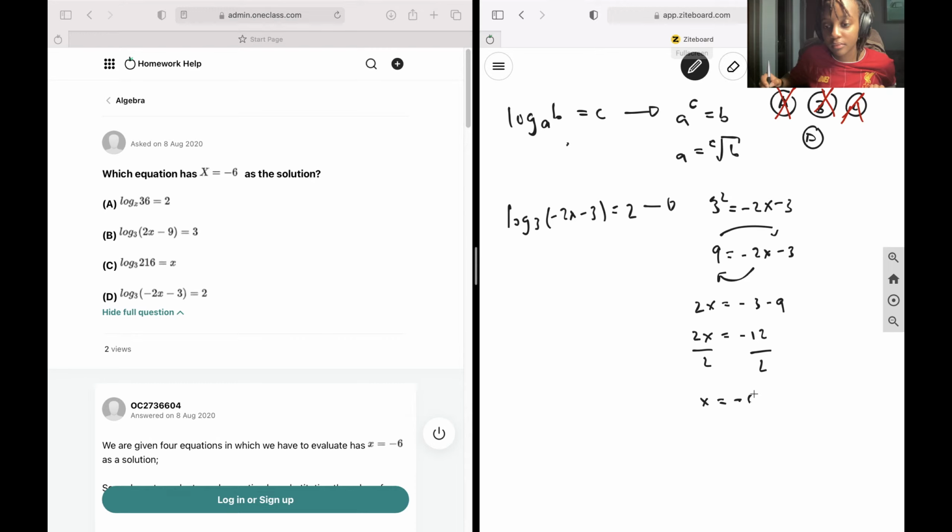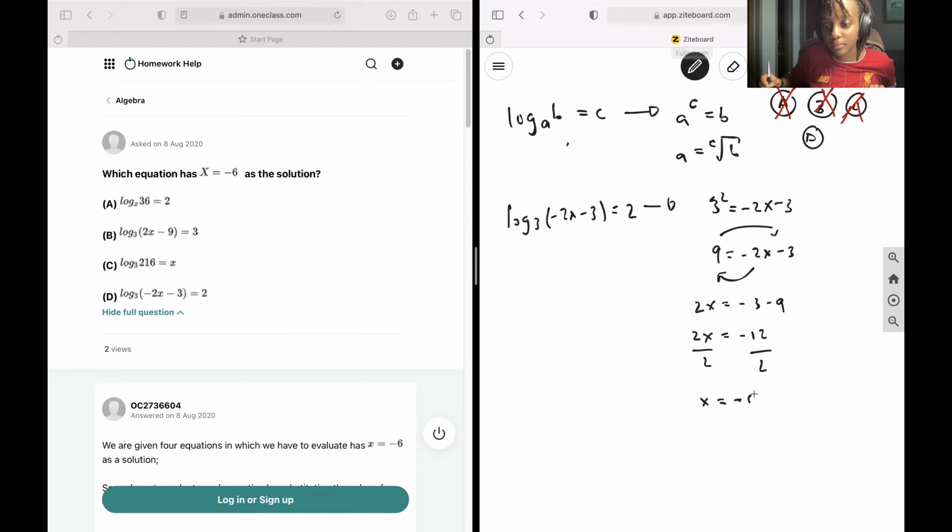Okay, we are going to demonstrate the FOIL method on the example of x plus 3 all to the power of 2. As I mentioned earlier, the FOIL method is just a quick way of remembering how to expand out these functions, and x plus 3 squared is x plus 3 times x plus 3.